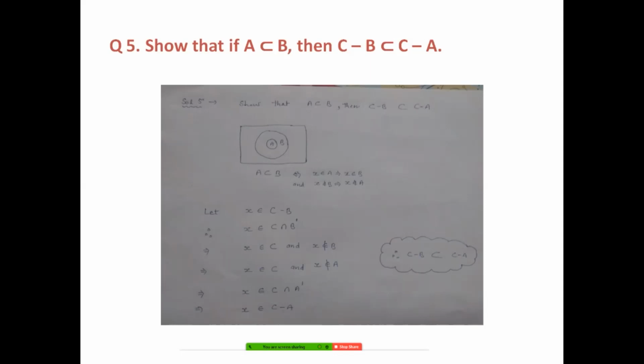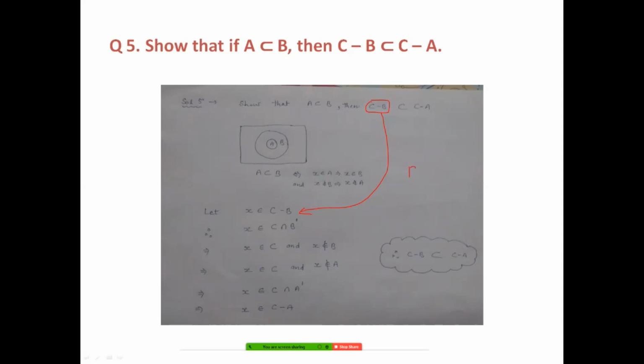So what is the left side? The left side is C minus B. Suppose X belongs to C minus B. It means X belongs to C intersection B complement, because the difference set C minus B is this.